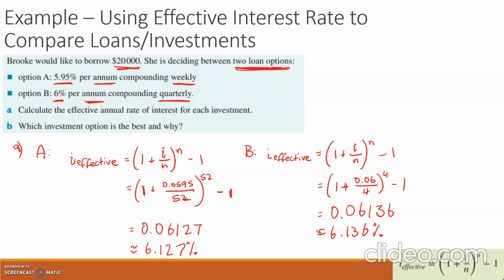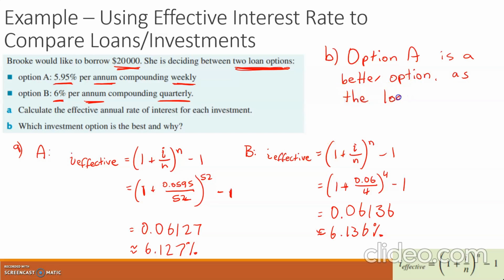So if I'm answering B, option A is the better option, as the loan will experience less growth, and that's due to its lower effective interest rate.